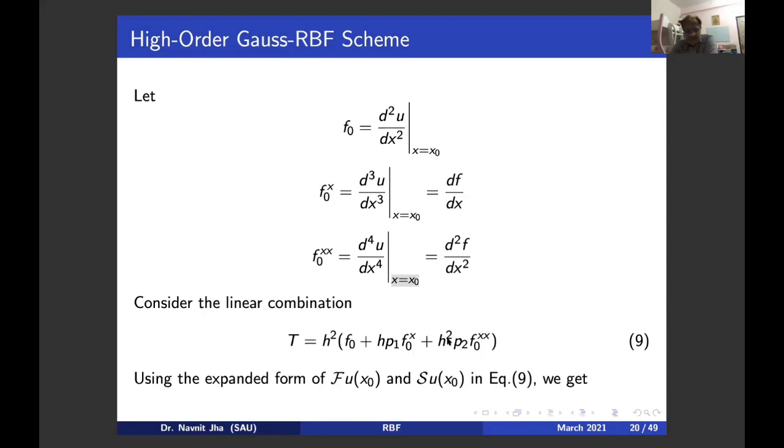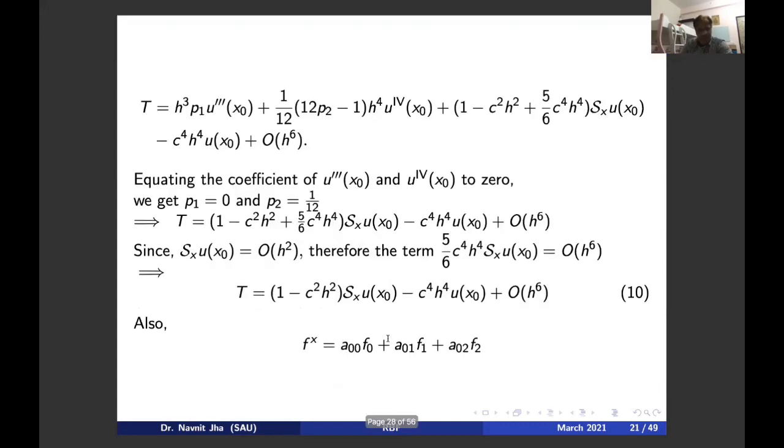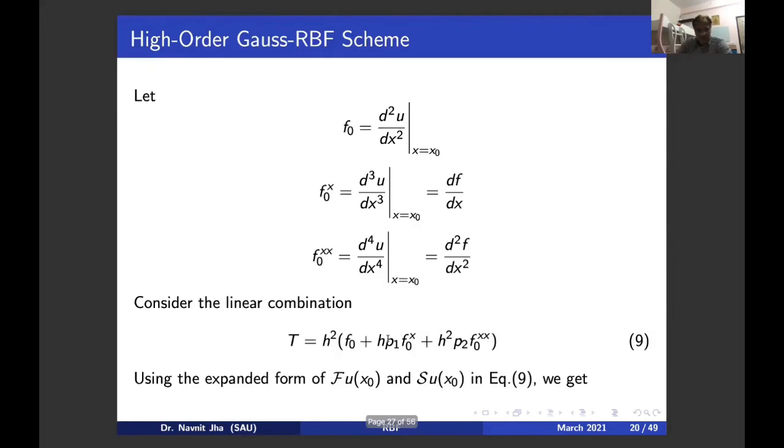Yes, so with this linear combination, we will proceed further. Now, here f naught is d2u by dx square, and d2u by dx square can be obtained from the operator S at u x naught. So S u at x naught, expand it, put it in this relation.